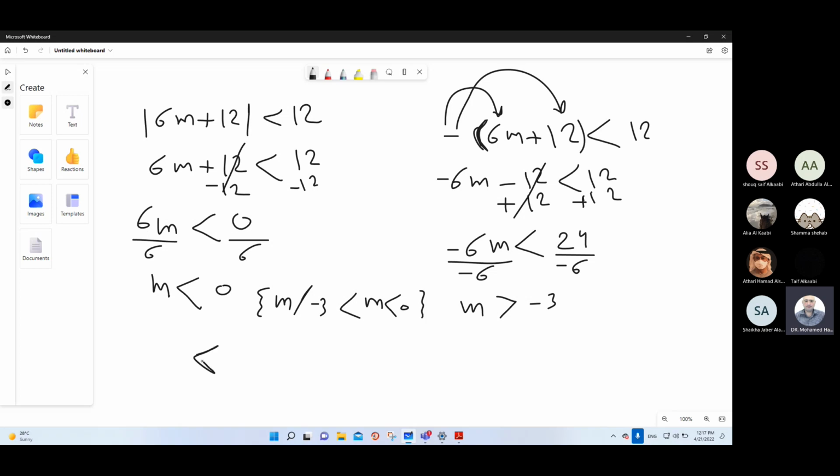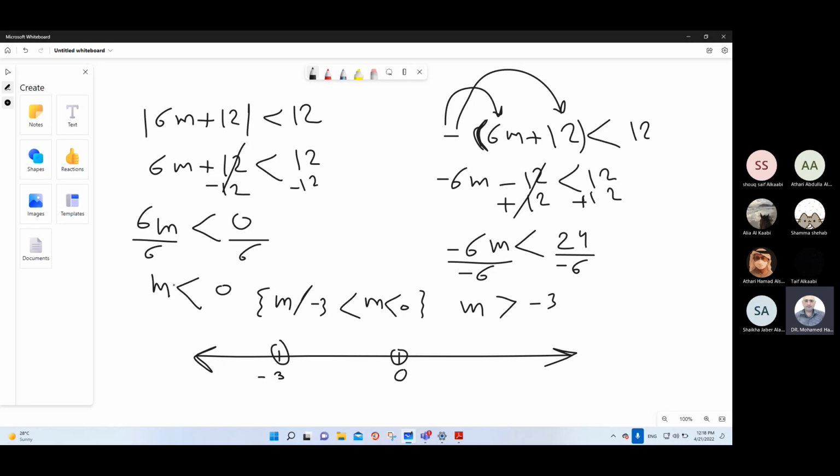Then we can graph. This is 0 in the middle, and here -3. And we can use open circles because we don't have equals in the signs.